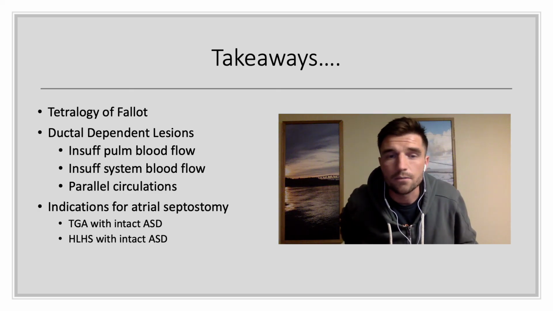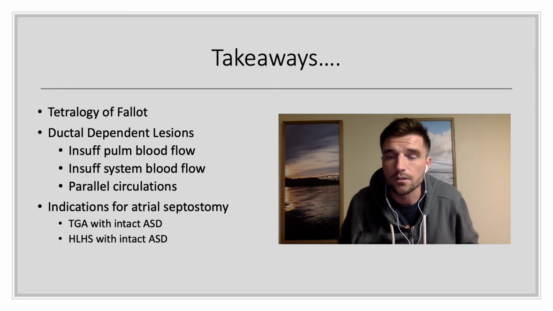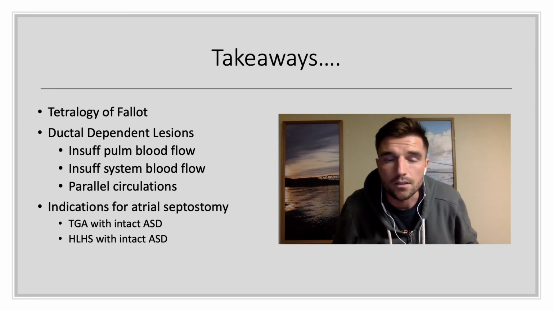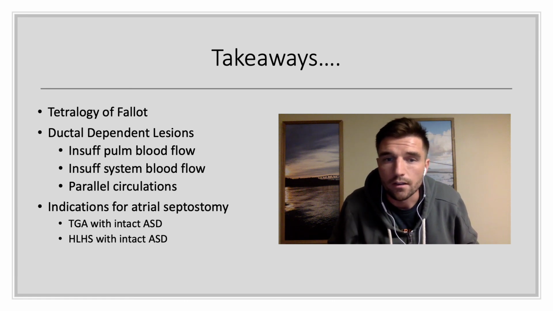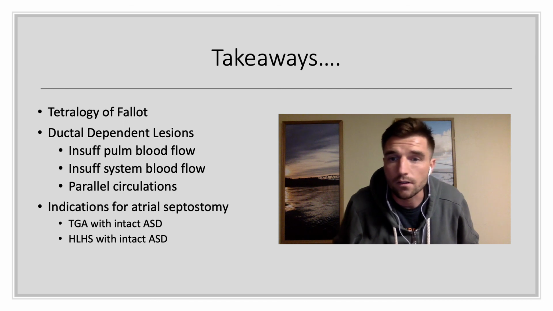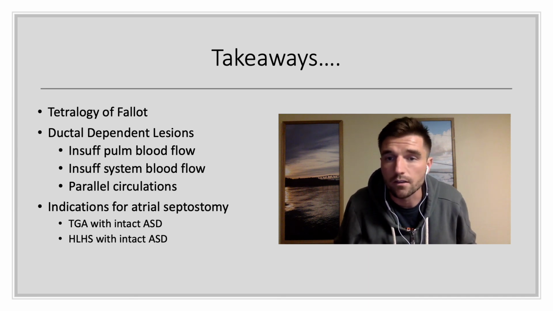And that's it, guys. We covered everything that I wanted to in these two mini talks. We talked about Tetralogy of Fallot, of course, the embryologic origins of it, how it manifests on a spectrum of phenotypes clinically, and then what we can do to manage a Tetralogy of Fallot spell. And then we pivoted into ductal dependent lesions.